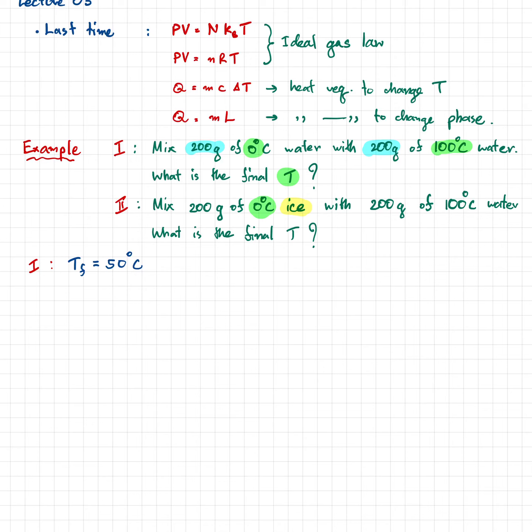That's not true. Ice can be 0 degrees Celsius, it can be -5, -10, -100, whatever low temperature you want. But in this case, it's ice at 0 degrees Celsius, and it's the same amount, 200 grams, mixed with 200 grams of water at 100 degrees Celsius. This one is more complicated. So how do we actually solve it?